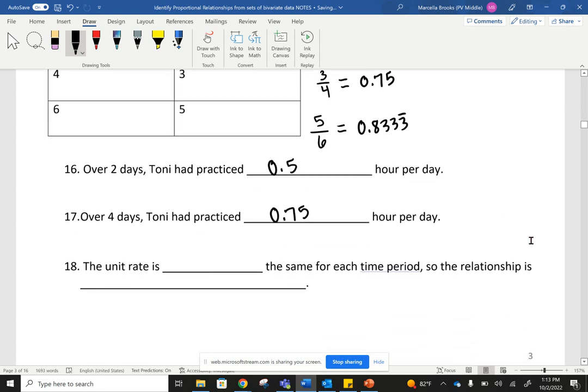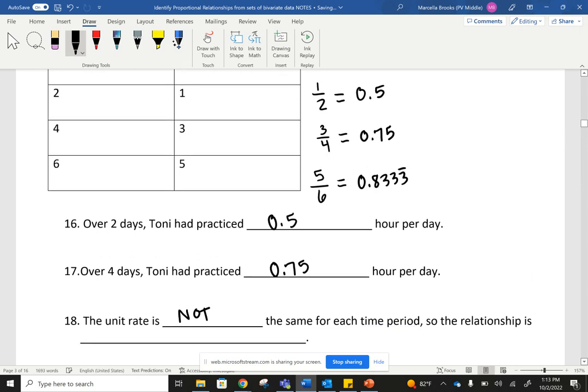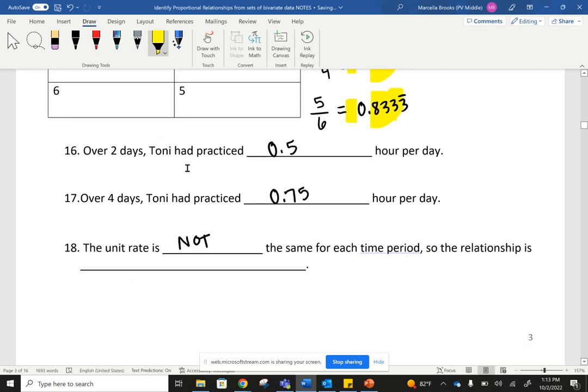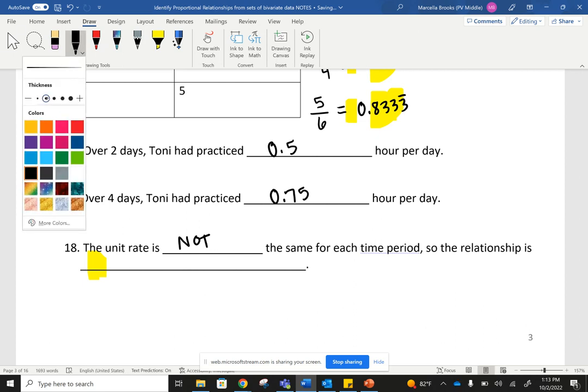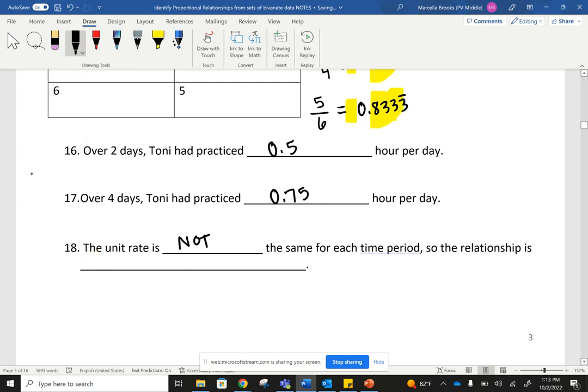The unit rate is not the same. All of these are not the same. So therefore, the relationship is not proportional.